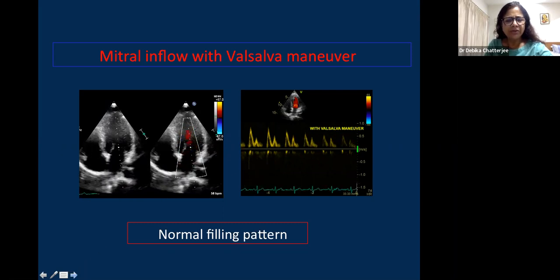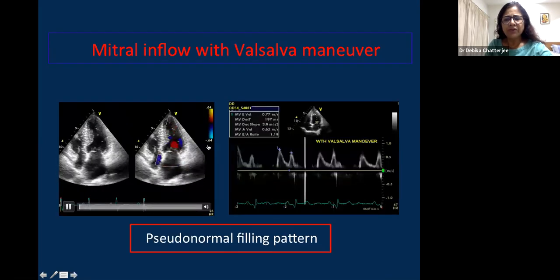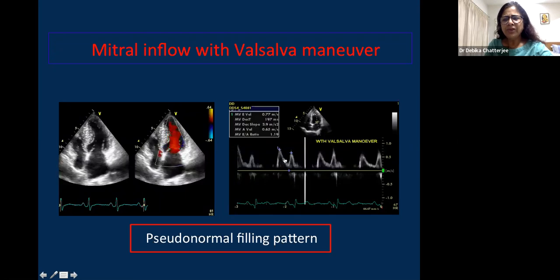On the other hand, look at that case of hypertrophic cardiomyopathy. This is the pattern which we got, E wave more than A wave. Now I ask the patient to do the Valsalva, which is a preload reduction maneuver.